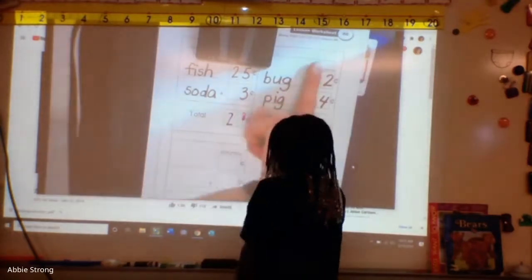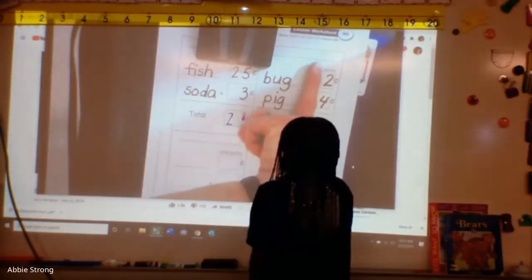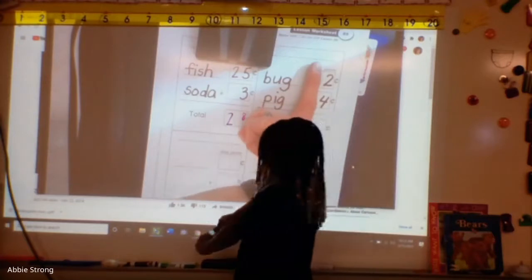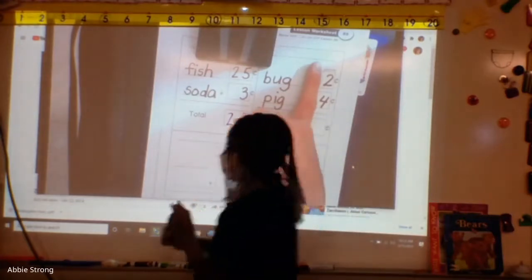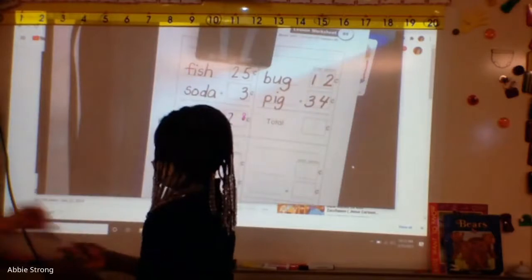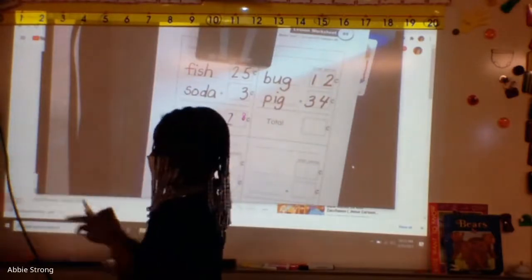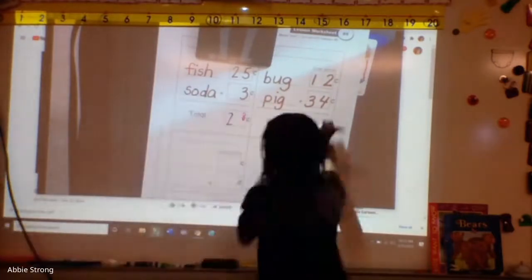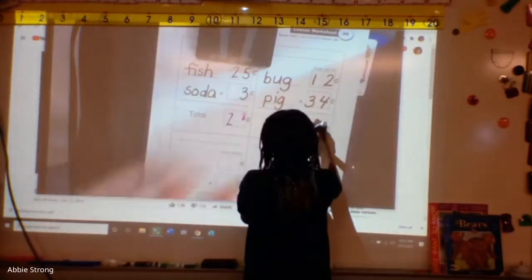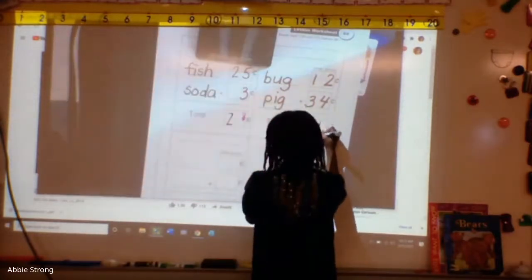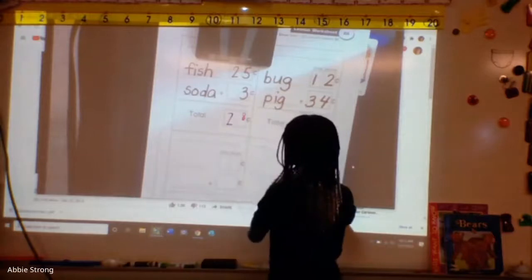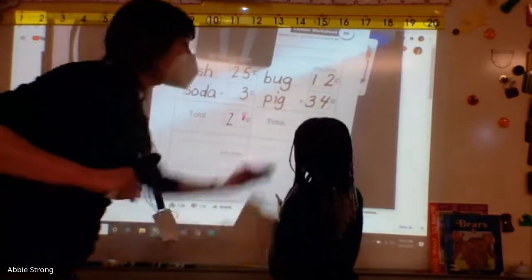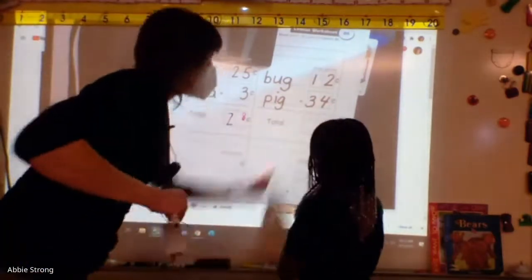You can cover up the ones, or excuse me, cover up the tens column and add those numbers. 2 plus 4. Write your answer down, Alea, and then we're going to check to see if yours matches. Oh, honey, you're just doing the one spot.